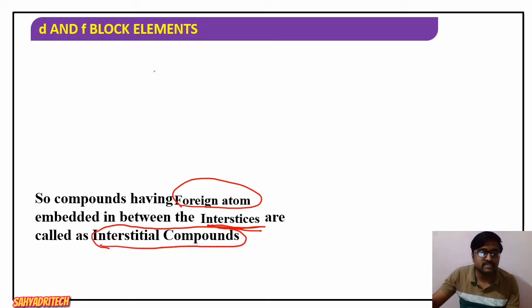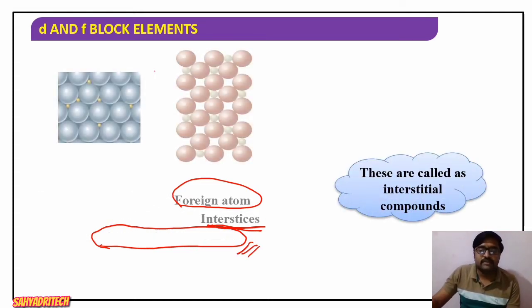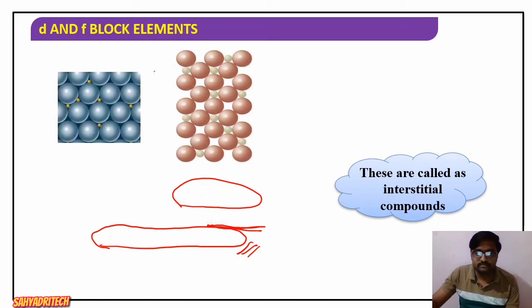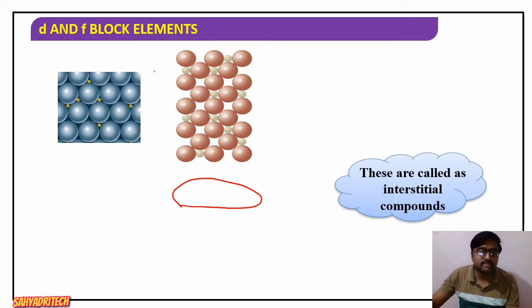The compounds having foreign atoms embedded in between the interstices are called interstitial compounds. So what are these? They are impure substances or impure compounds.